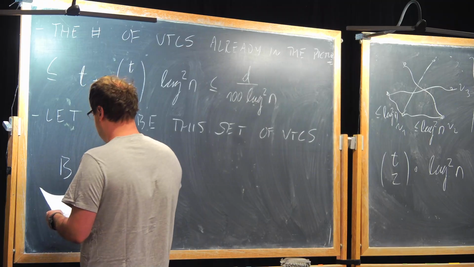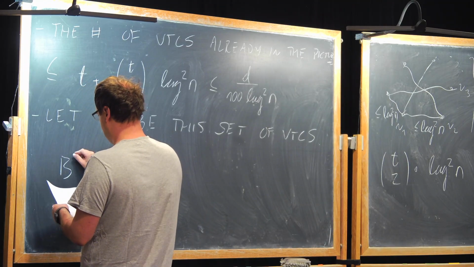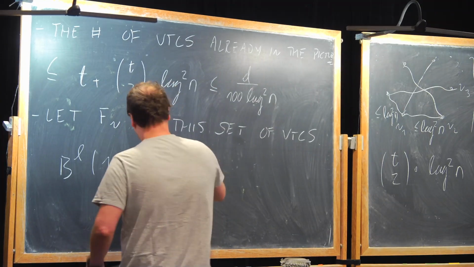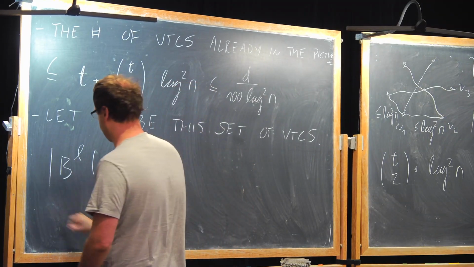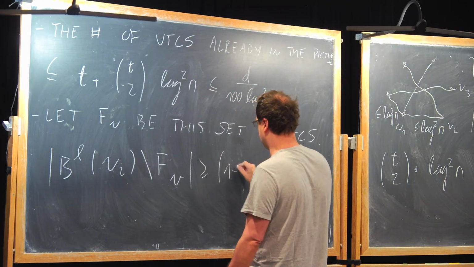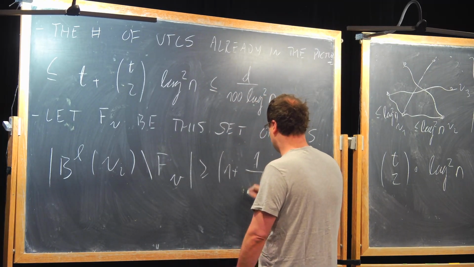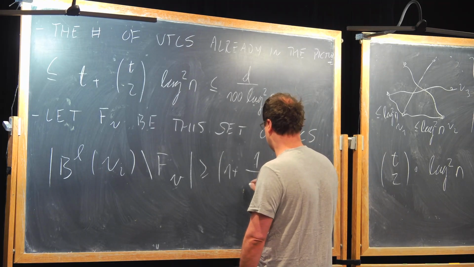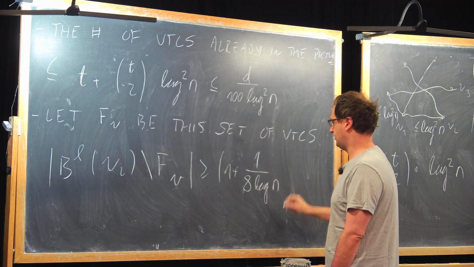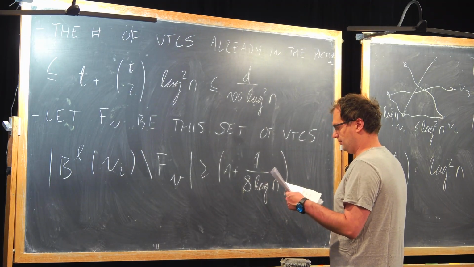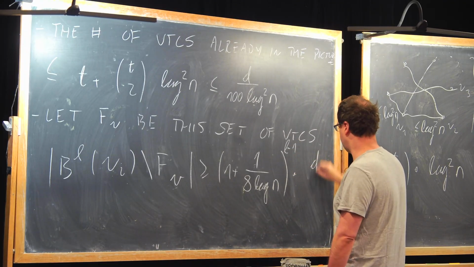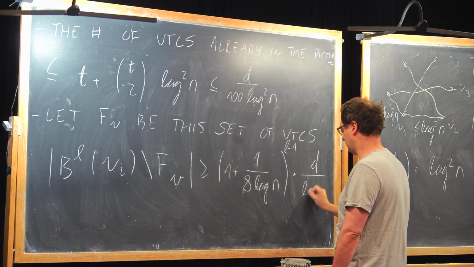I want a ball of radius L around vi with F_V removed to be bigger or equal than (1 plus 1 over whatever we had there, so maybe 8 log n) to the L minus 1 times d over log n.